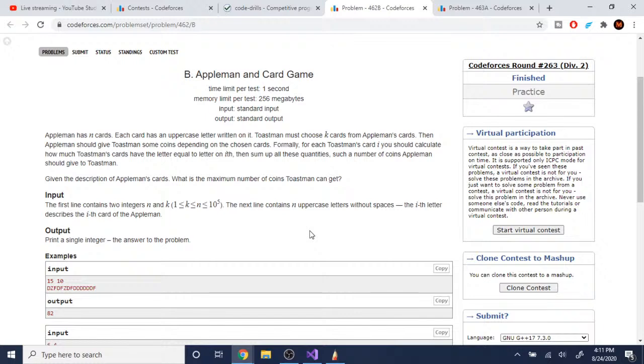Okay, guys, I'm back. Okay, we have to choose K cards from the Appleman's cards. Then we have to give Toastman some coins depending on the chosen cards.